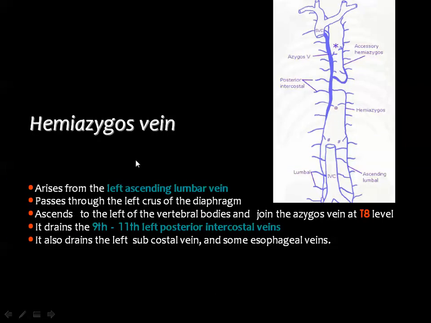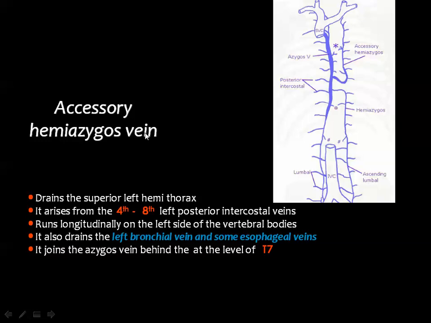The hemiazygos vein is made mainly by the left ascending lumbar vein and it drains the 9th to the 11th left posterior intercostal veins and it joins the azygos vein at the level of the dorsal vertebra number 8. The accessory hemiazygos vein drains the superior left hemithorax.